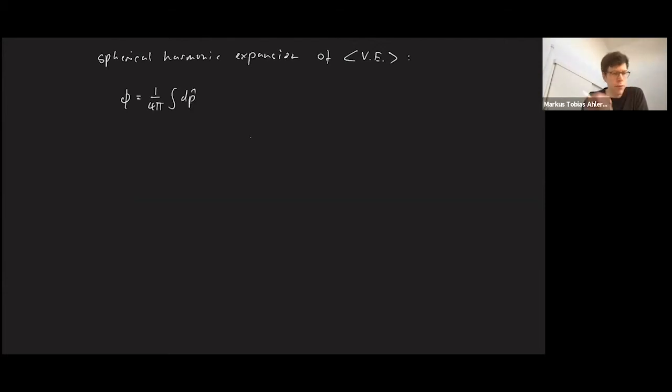So, spherical harmonic expansion of the ensemble averaged Vlasov equation. Here we will have the monopole term, which is the term that I've already introduced when I was talking about this effective collision term.